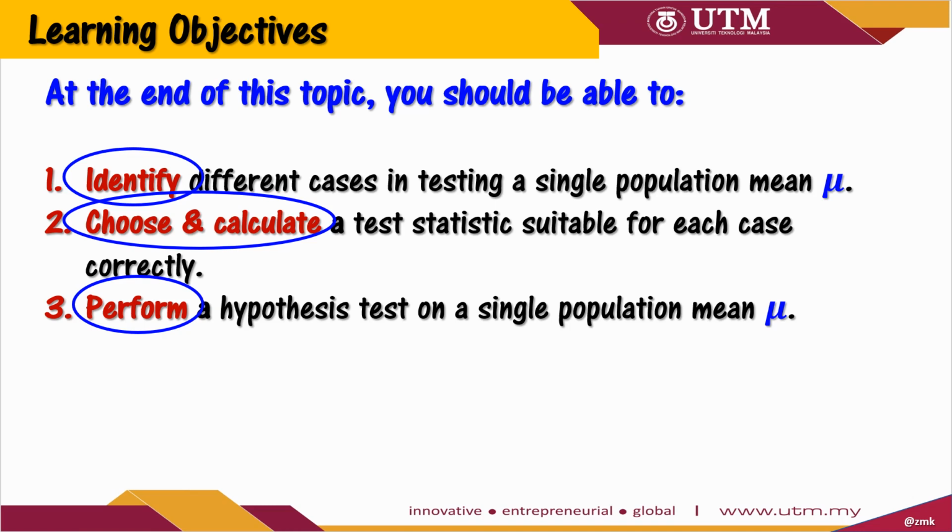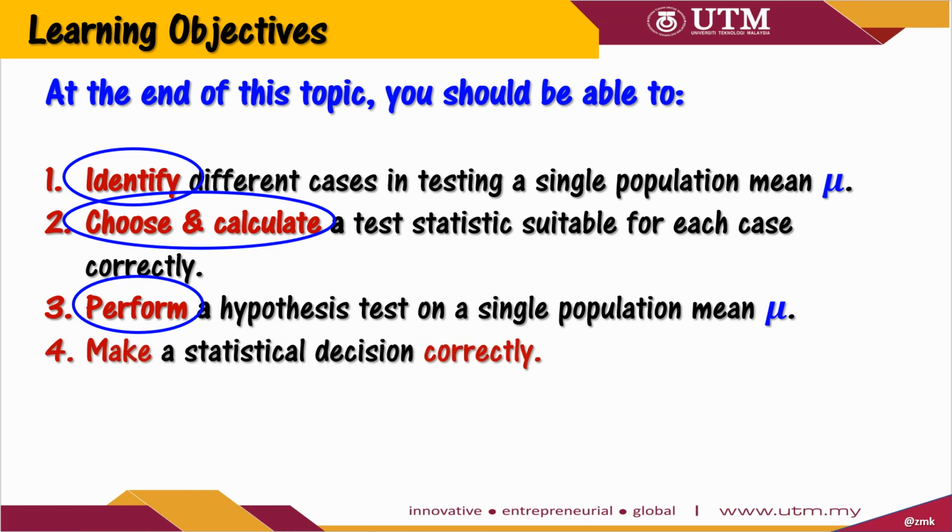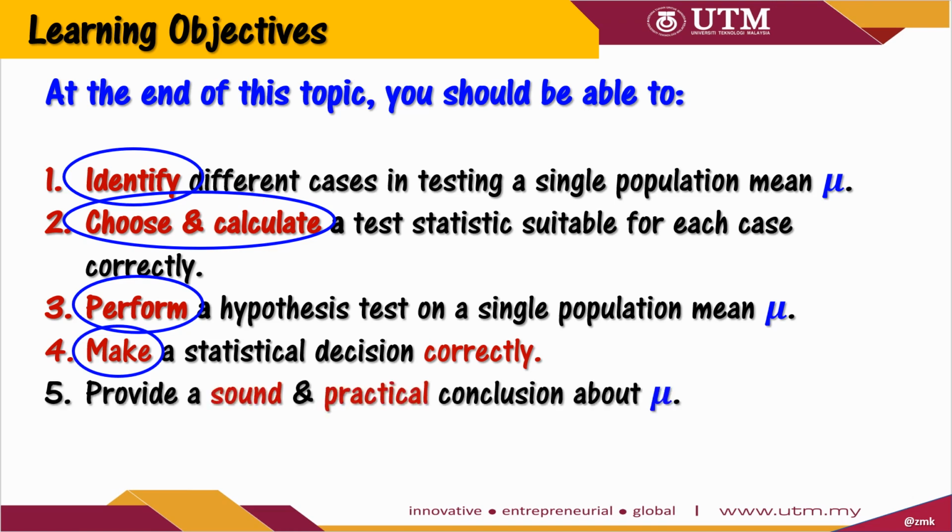The fourth learning objective is you should be able to make a statistical decision correctly, and finally, you should be able to provide a sound and practical conclusion about the population mean mu that has been statistically tested.